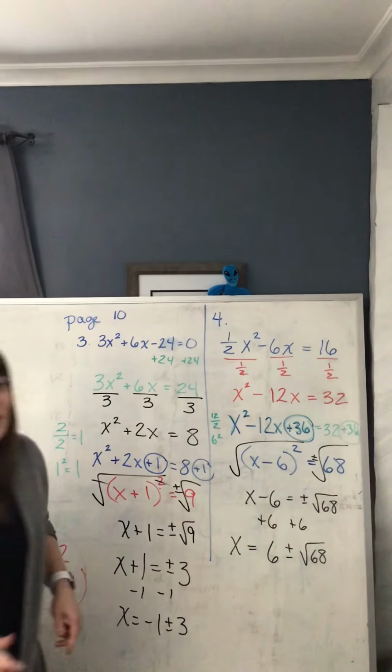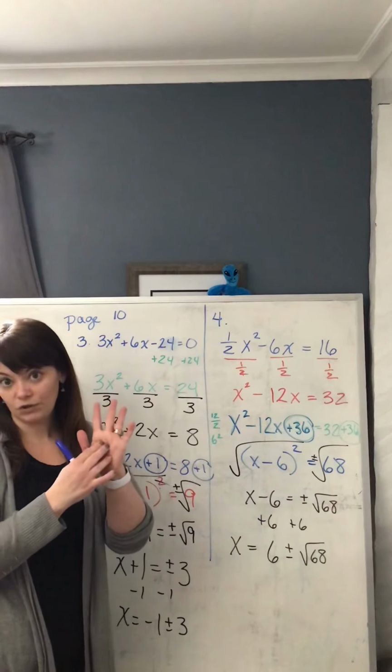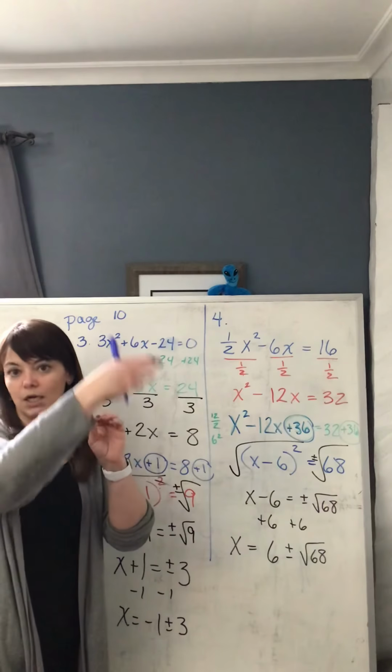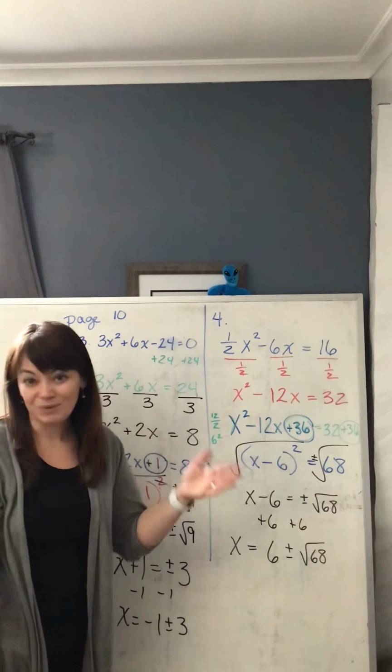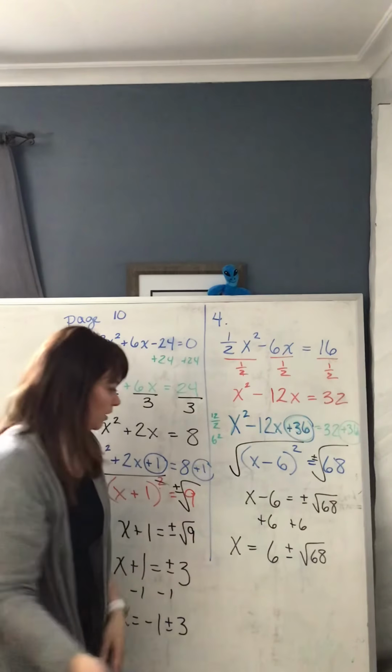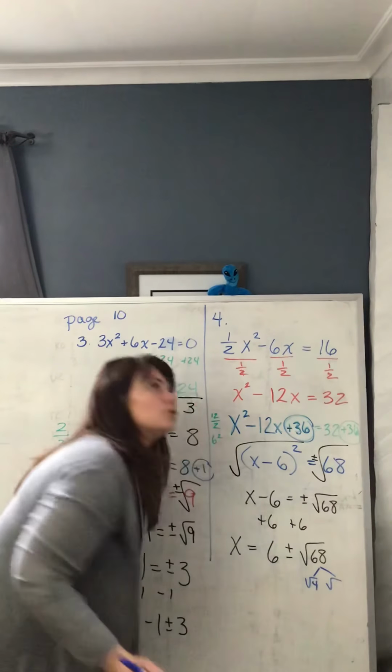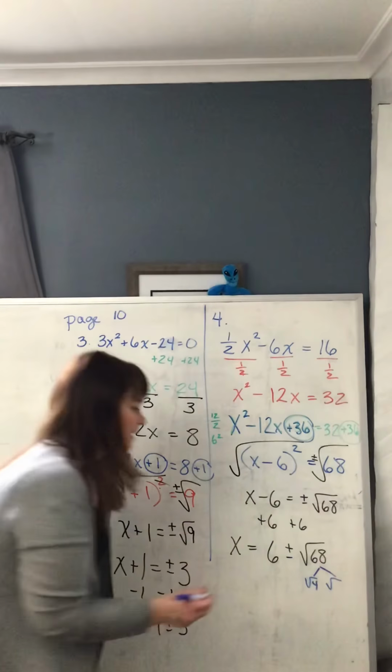Now we need to simplify the square root of 68. So you go to your calculator, 68 divided by x, table, look for the biggest perfect square. The biggest perfect square is 4, not very big. And it goes into it 17 times, yes.